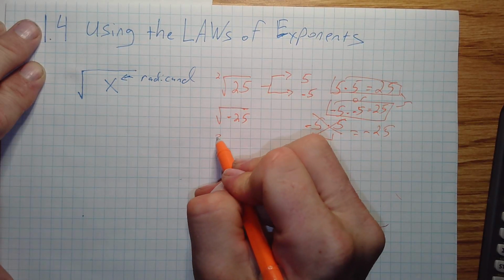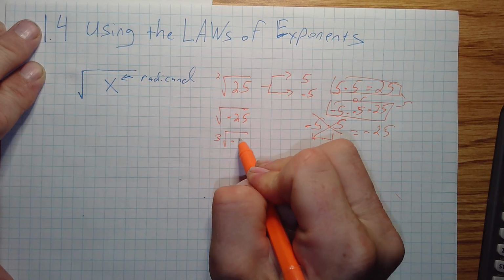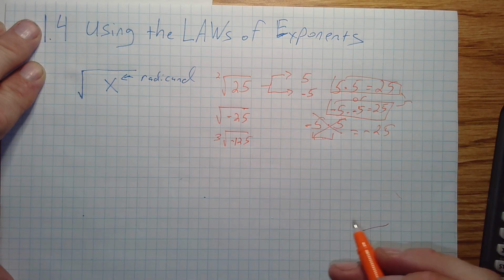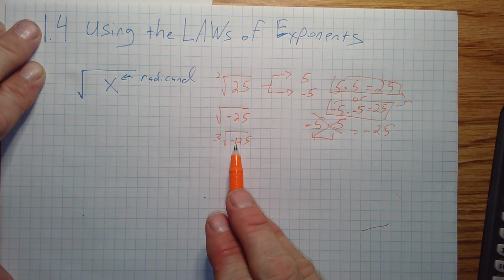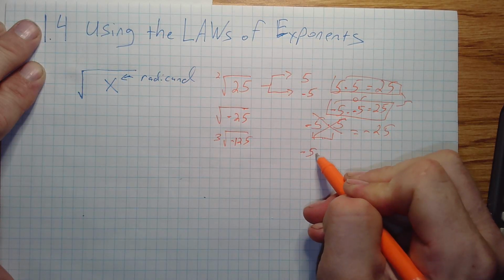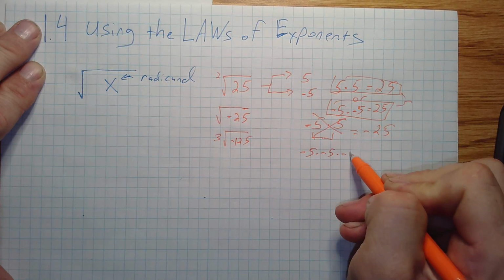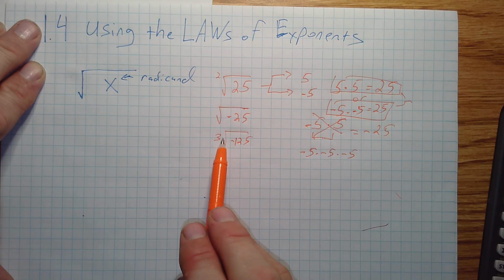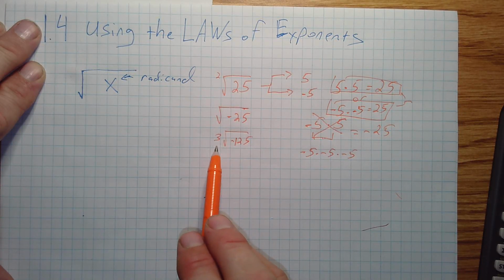Now, if I put the third root, say of -125, then -5 times -5 times -5, that's possible. I can have a negative sign underneath a cubed root.